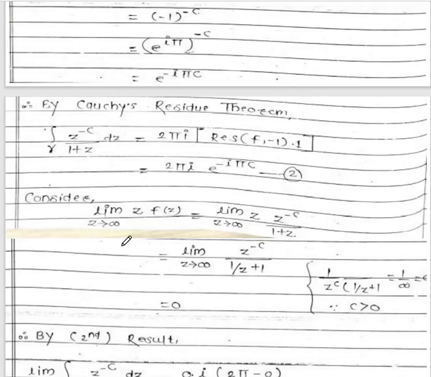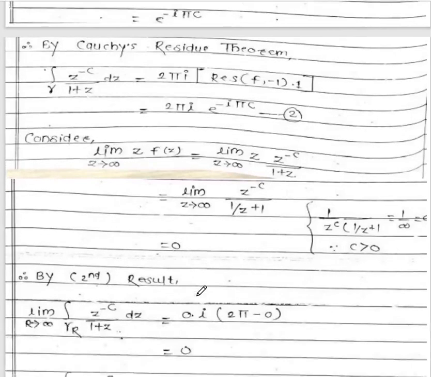Second, consider the limit as z tends to infinity of z times f of z. Putting the value of f of z, we get z to the power minus c upon 1 plus z into z. Taking z common, we get 1 upon z plus 1, and z gets cancelled.